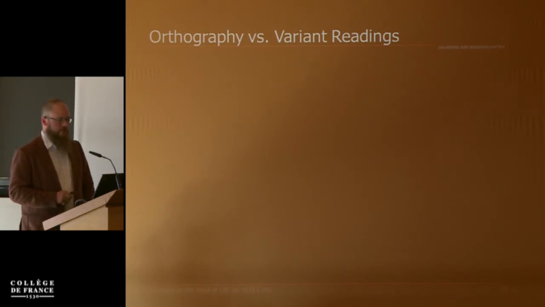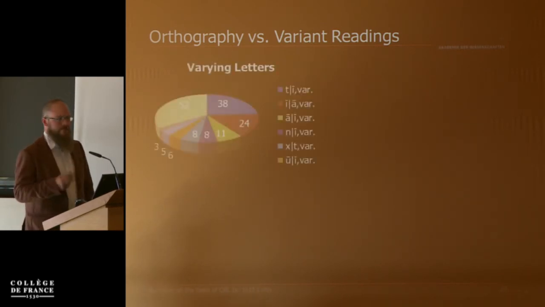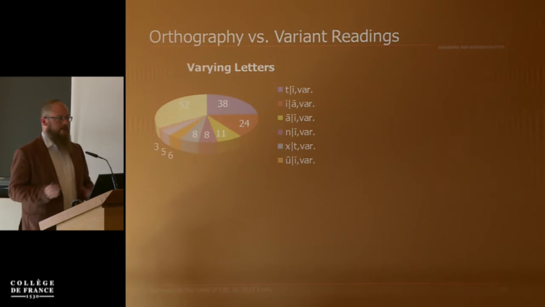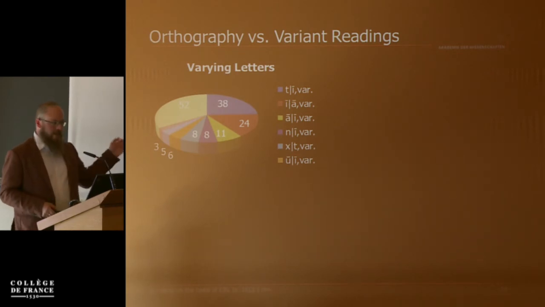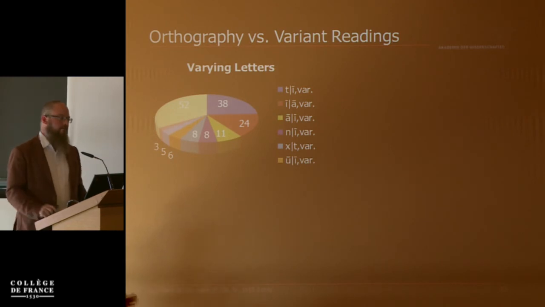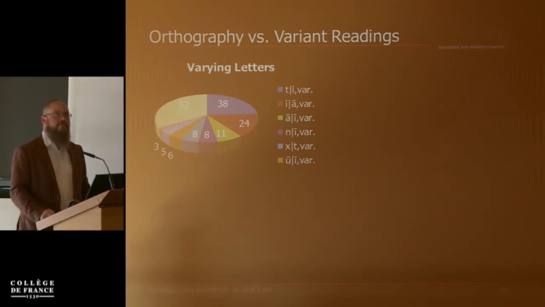Okay, orthography versus variant readings. What I showed before were some typical particularities of a manuscript, writing with long aleph, without long aleph. I have the long aleph with the shay as well, so all those typical archaic script types you find in this manuscript. So you have a lot of varying letters.